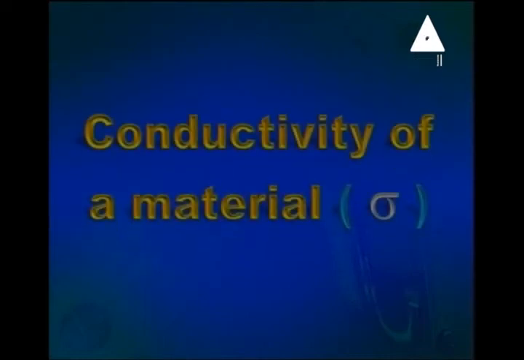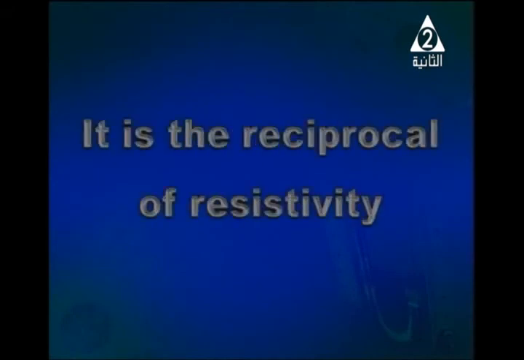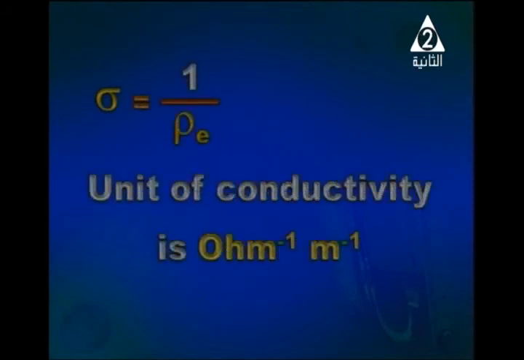And now, talking about the conductivity of a material. It is sigma, the reciprocal of resistivity, so it depends on two factors only: the kind of material and temperature. Sigma equals 1 over rho E. So the unit of conductivity is ohm negative 1 meter negative 1.